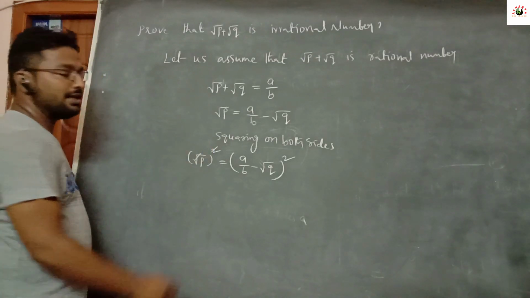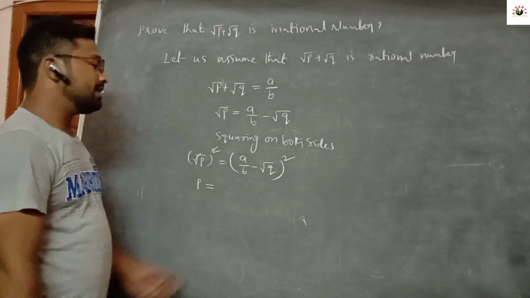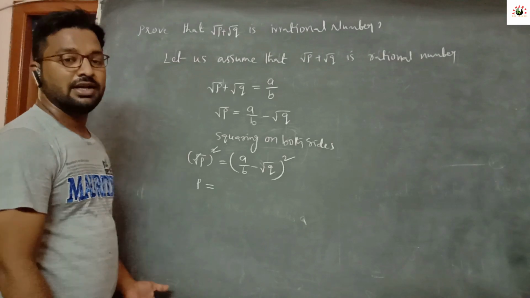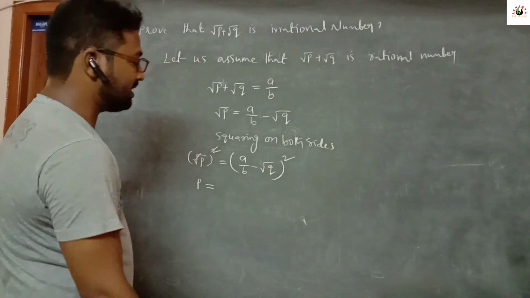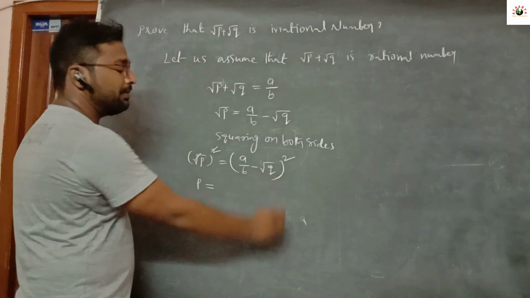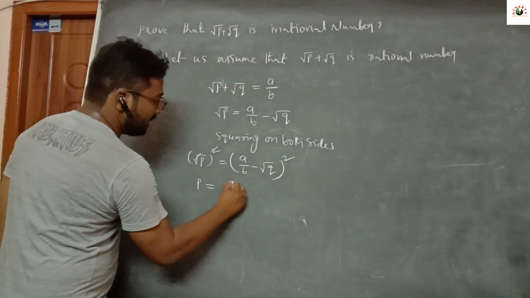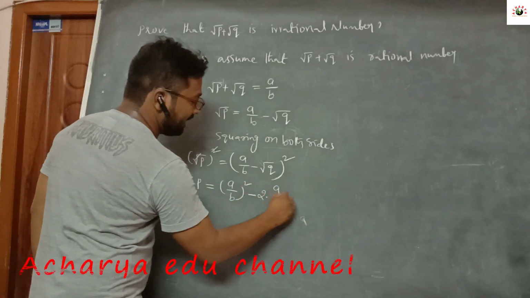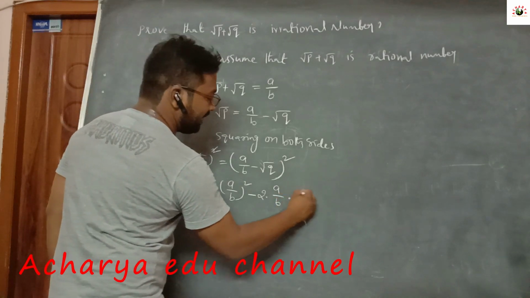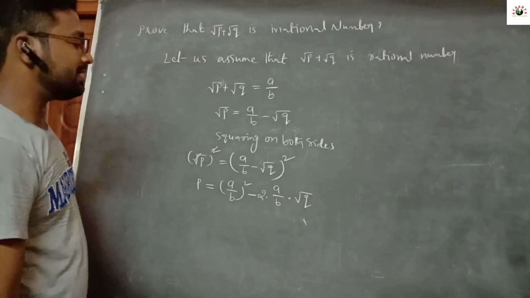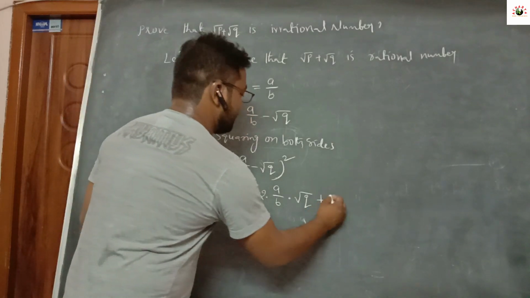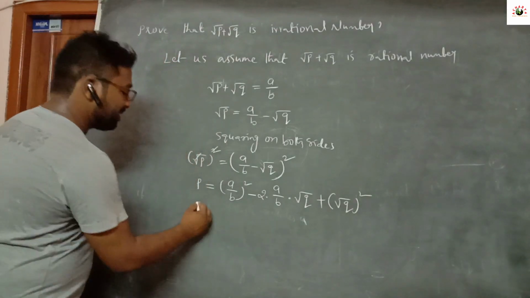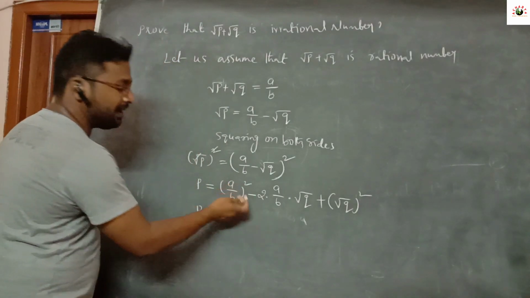Now the square root gets cancelled. Then p is equal to a minus b whole square form. What is the formula of a minus b whole square? a square minus 2ab plus b square, where a is a by b and b is root q. So a by b whole square, minus 2 times a by b times root q, plus root q whole square.